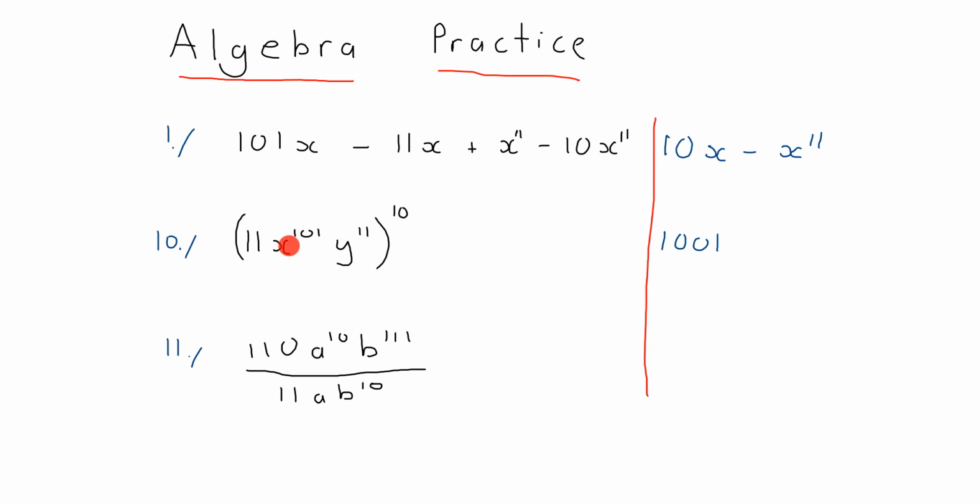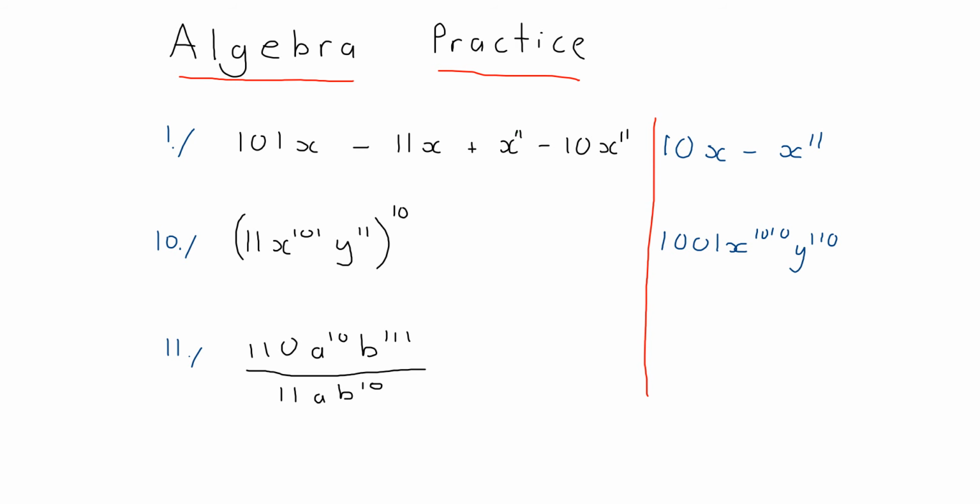And then we've got x to the power of 5 squared, and we're going to multiply those indices, so we're going to get x to the power of 10. And y, I've got y cubed all squared. Again, we're going to multiply those indices together, so we've got y to the power of 6. So of course we just get here 9x to the power of 10, y to the power of 6.